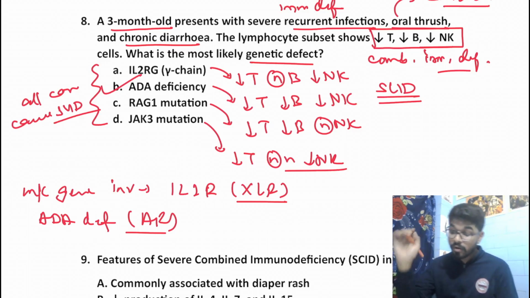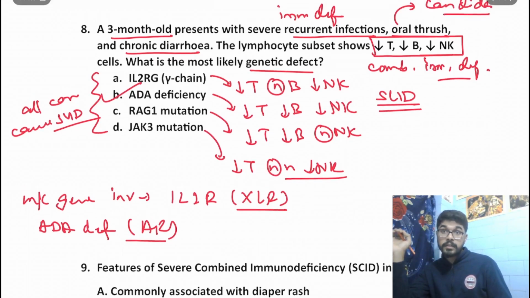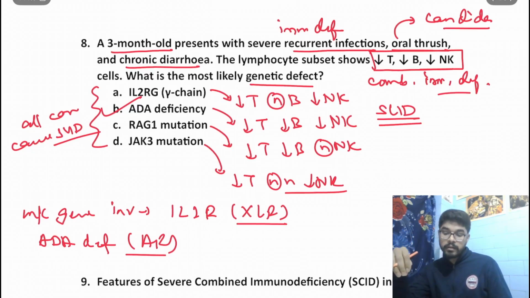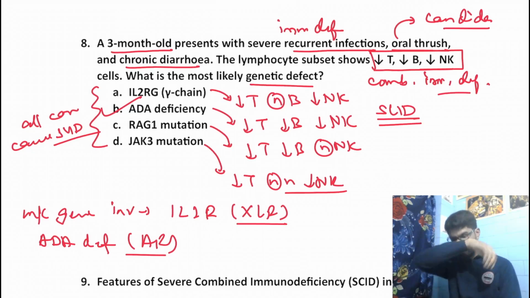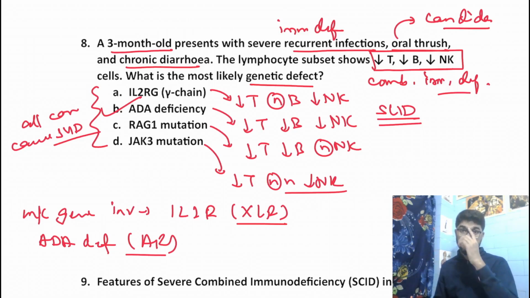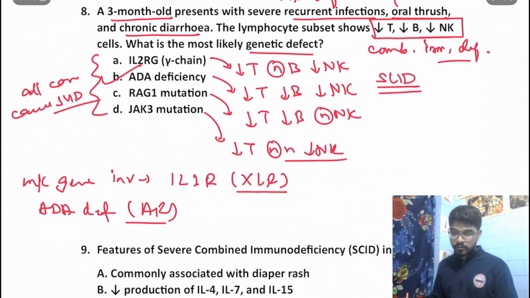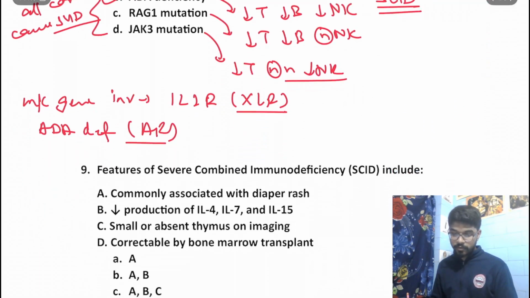We would be marking on the basis of the subsets that are involved. If the subsets are not given in the question, then we would mark it as interleukin 2 receptor mutation, because that is the most common one. Okay. So SCID is quite an important topic from our examination point of view. That's why we are discussing it in a bit more detail.